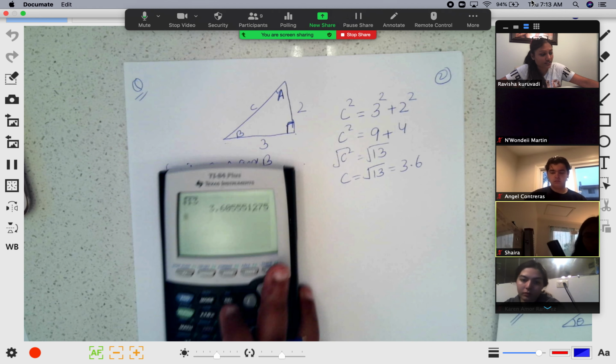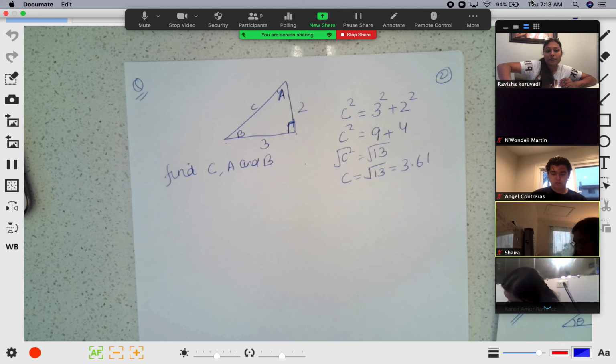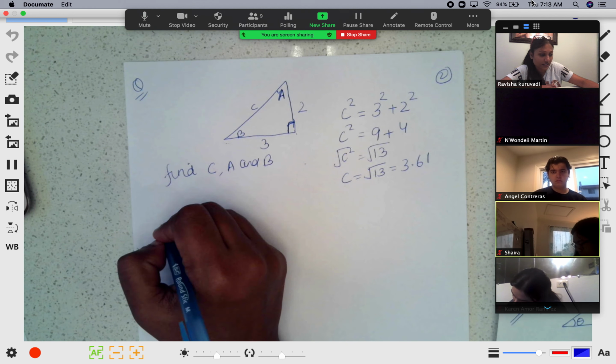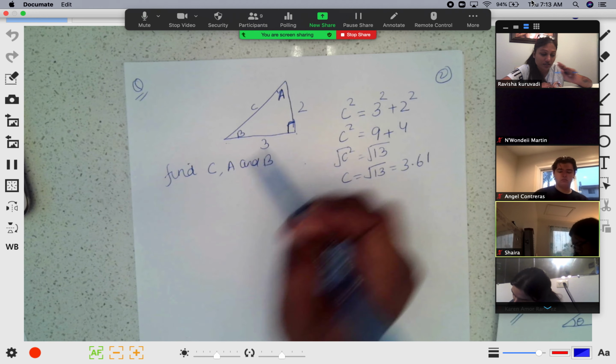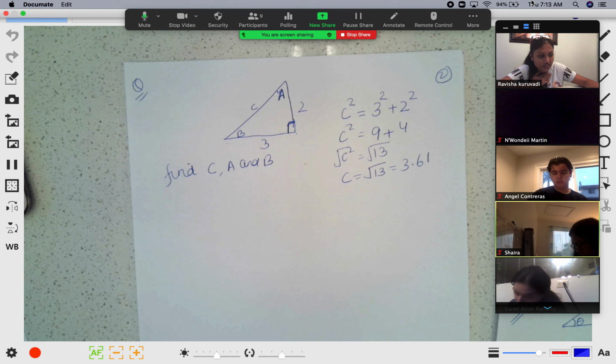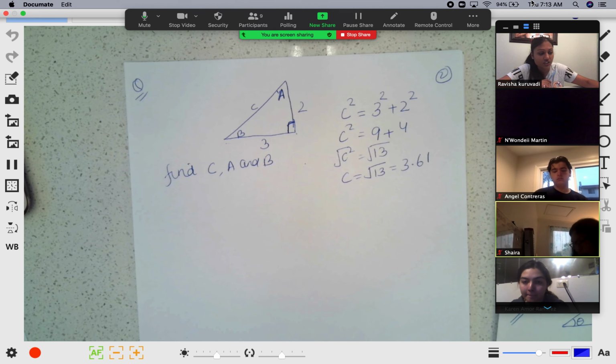Again say 3.61. Let's take up to 2 decimal places. You got this thing. Okay, you knew these two, right? Can you tell me any trigonometric function in which you are using just these two sides?